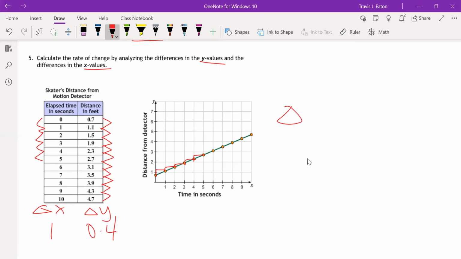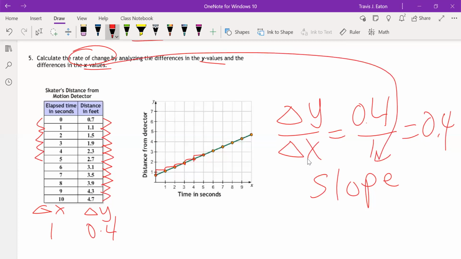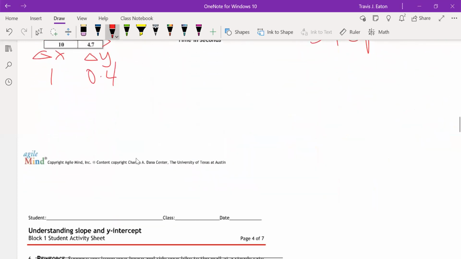So the change in y over the change in x is 0.4 over 1, which of course is just 0.4. And that is our slope. The rate of change, not slope, sorry, the rate of change is the same thing as slope. Rate of change is slope, and that's very, very important.